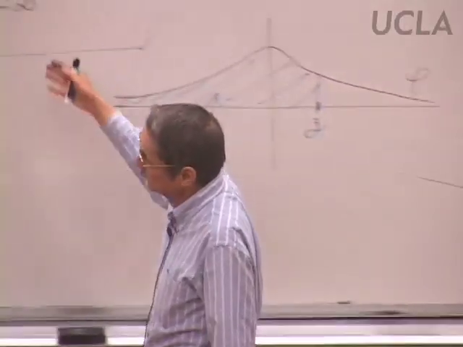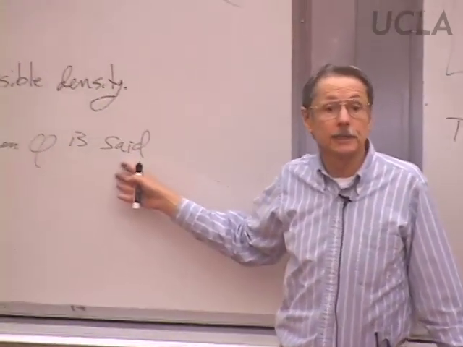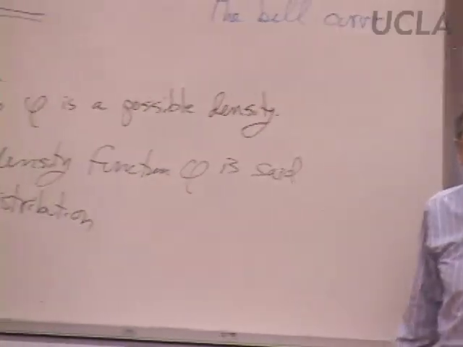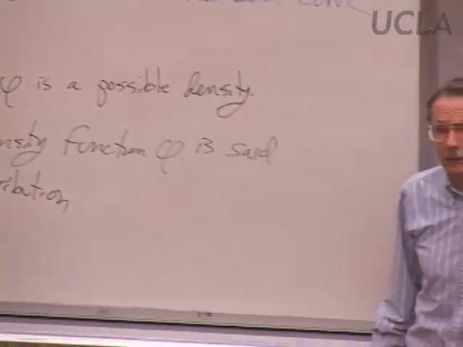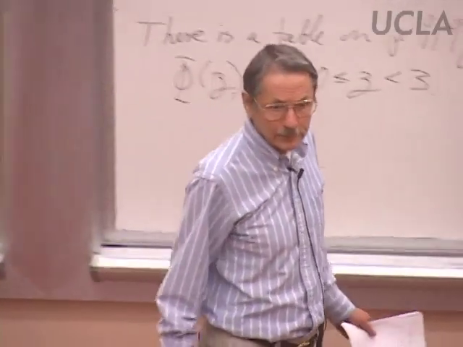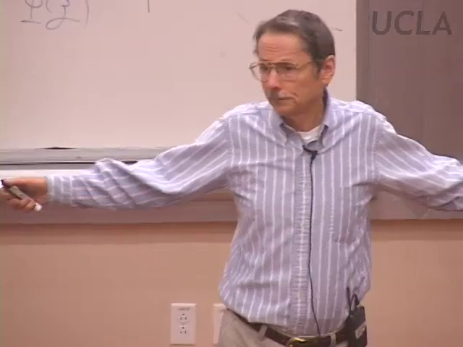Well, suppose we have a random variable z like this, whose density function is phi. We can ask all our usual questions: mean, standard deviation, probability of being within one standard deviation of the mean, the usuals.